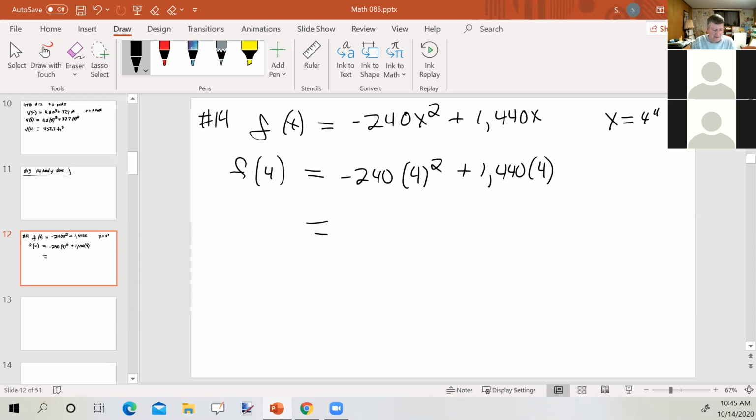Again, doing the calculation, I'm getting 1,920, and that would be cubic inches.